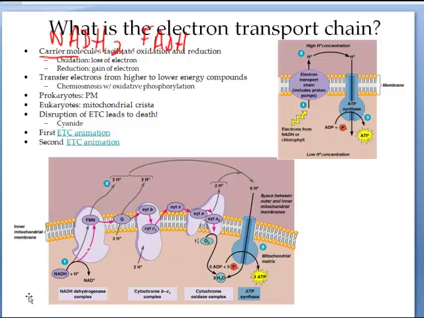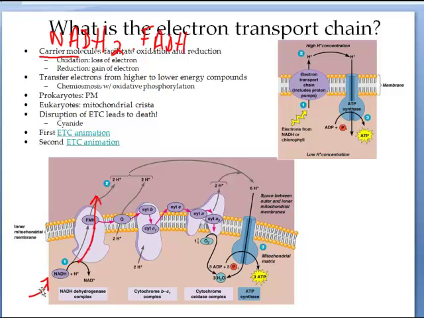So what happens is, notice up here, the NADHs are throwing the electrons that pass through this carrier, cytochrome, and it pushes the electrons from the inside to the outside of the membrane.